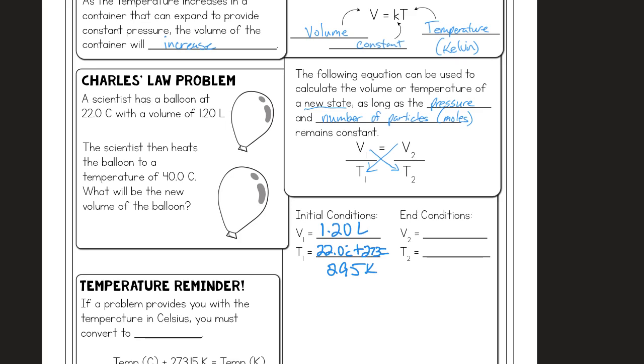My volume 2 is going to be my unknown, and my ending temperature is 40.0 plus 273, which gives you a temperature of 313 K.